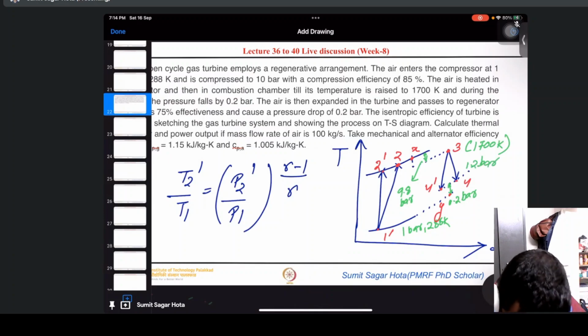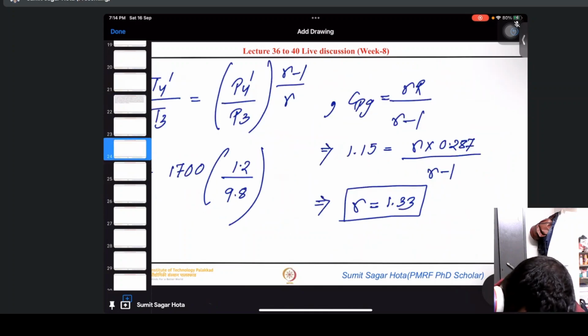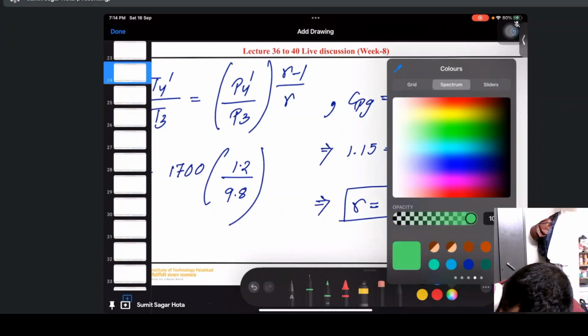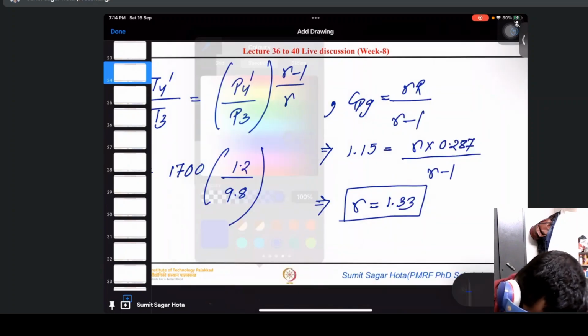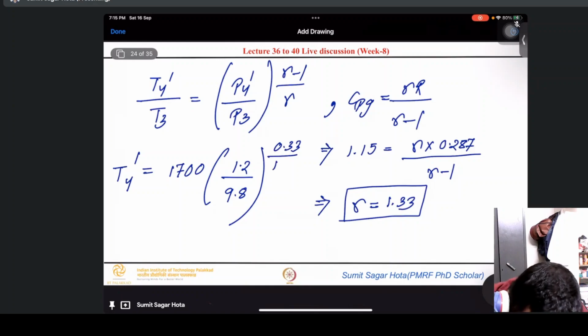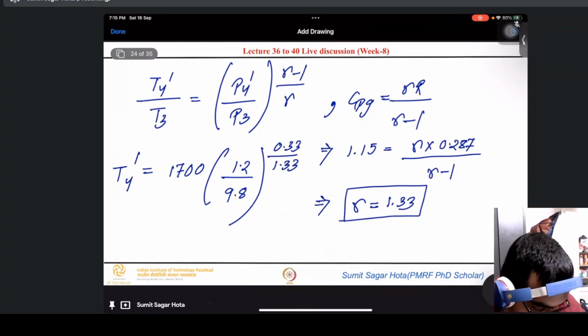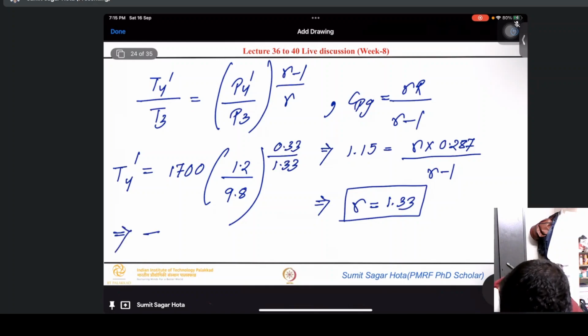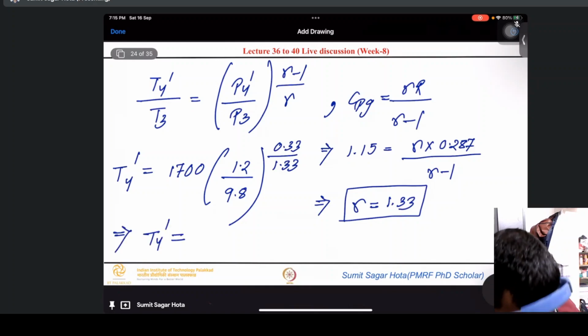Okay, so it's 0.33 by 1.33. T4 dash is 1009.6 Kelvin.